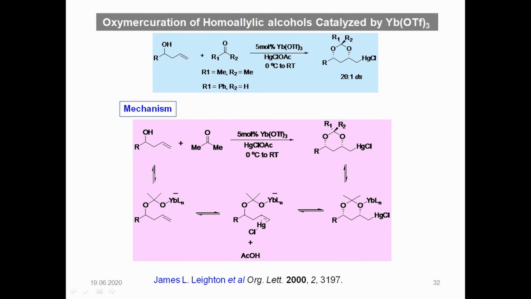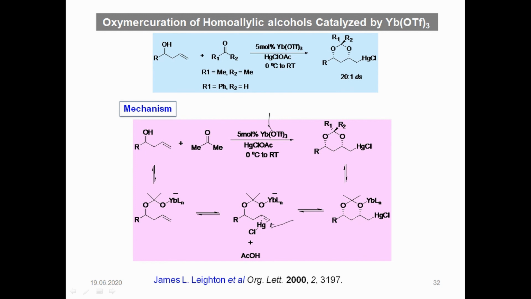In the presence of acid, the alcohol will add into the carbonyl compound. You will get a chelation with this catalyst, and the mercury will form a 3-membered ring with the double bond, and this oxygen will add onto this double bond, and you are getting this mercury compound.